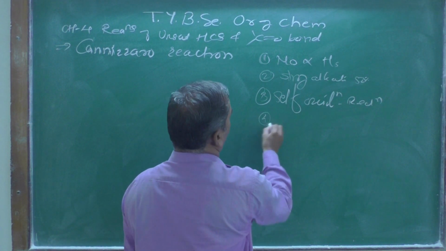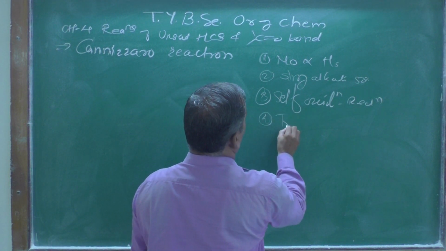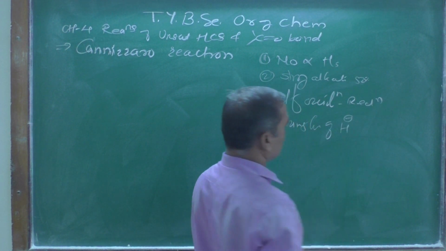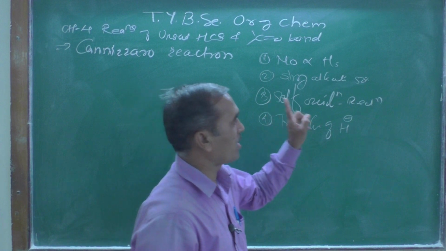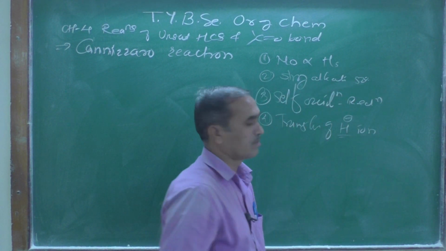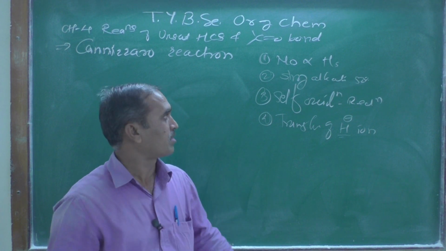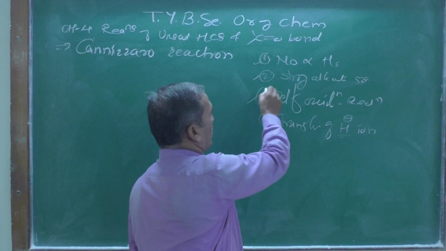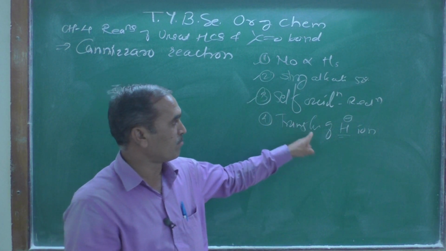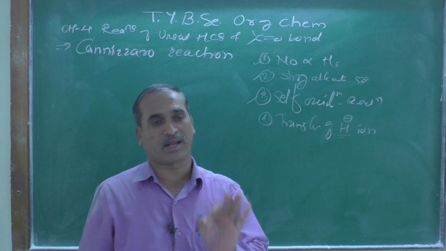The fourth is a transfer of H minus, the hydride ion. These are the essential criteria. Only the three criteria you must remember, and in addition you remember there is a transfer of hydride ion.